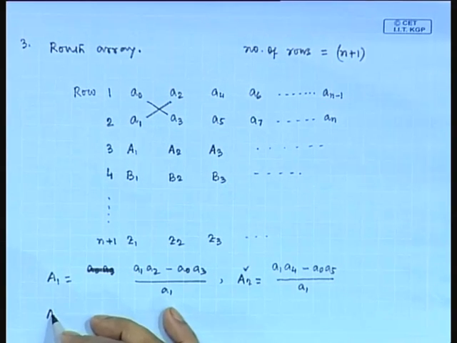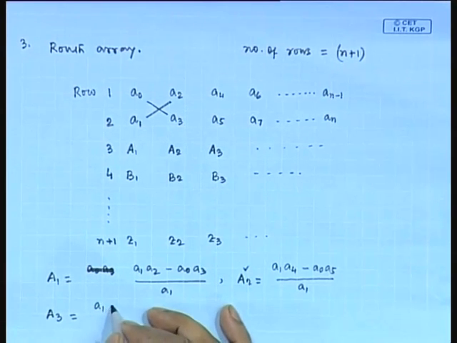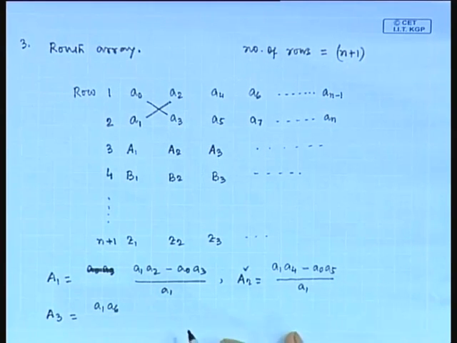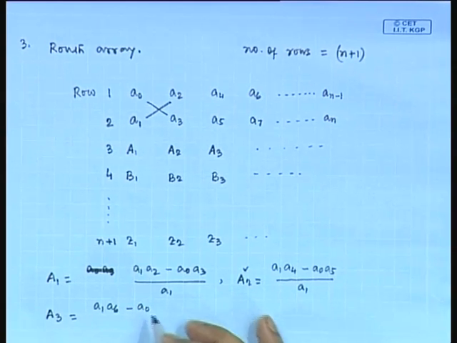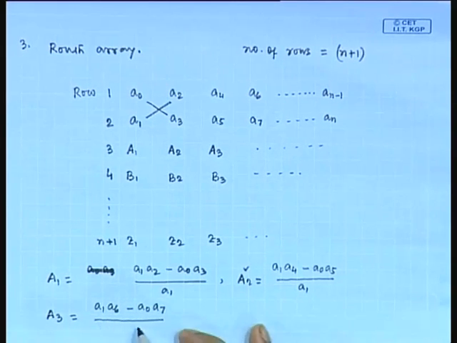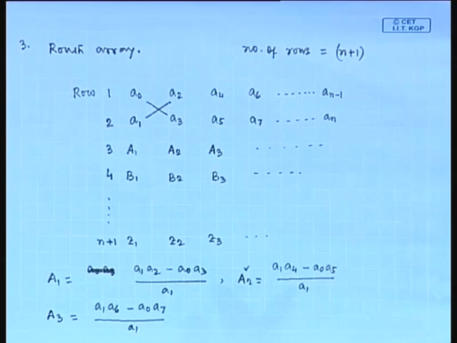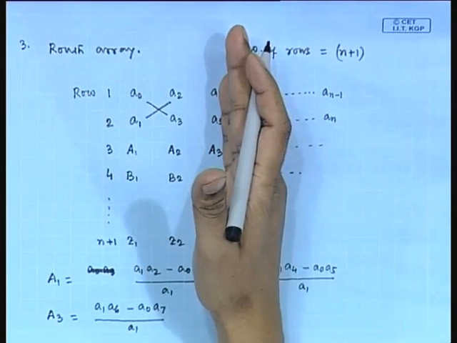Similarly, the expression for A3 is A1 A6 minus A0 A7 divided by A1. A3 is present in the third column.